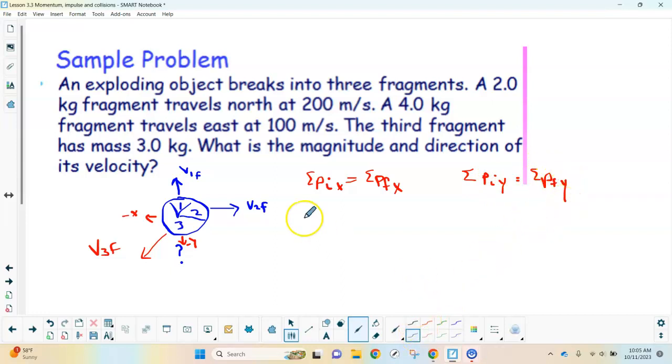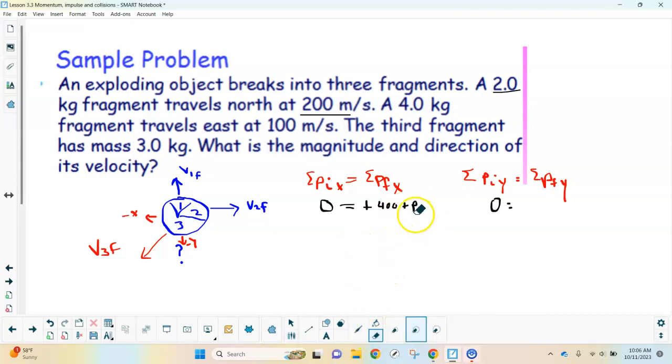So looking at this, again, everything in the beginning is at rest. So there is no momentum in the X and no momentum in the Y. Afterwards, you just have the pieces that are moving. Piece 1, which I said is 2 kilograms at 200 meters per second, so 2 times 200 would be a positive 400, plus the second piece, and then P3.